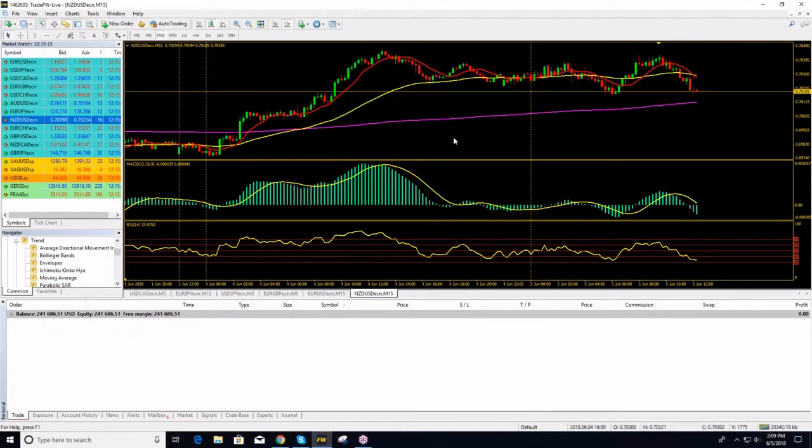Let's have a look at New Zealand USD. Okay, New Zealand USD is falling for the day, so it's not a good time to catch a falling knife, as I said before. For me personally, I wouldn't trade it long. I need to see some more confirmations.